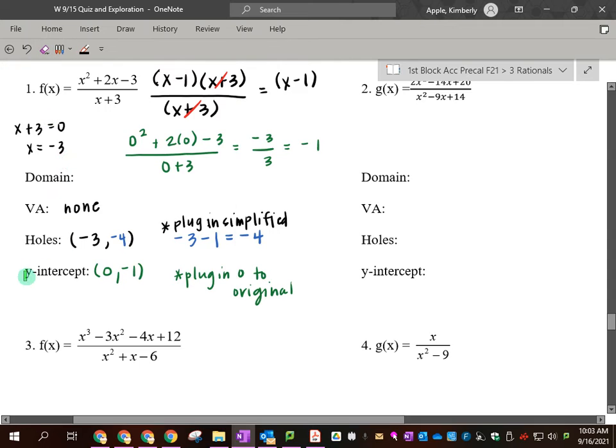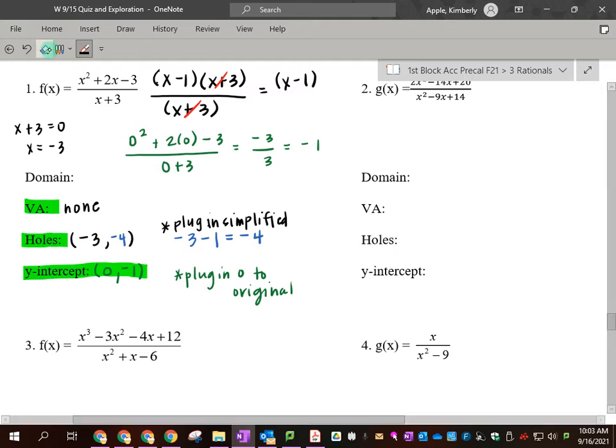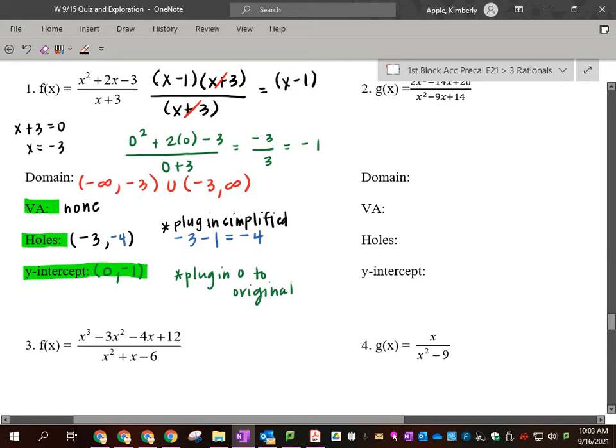All right, so let me just box these off here so you can see them. Okay, these are the things that are important. All right, now let's talk about the domain. You can figure out the domain without looking at the graph. Let me write it up here and then I'll explain what I did. So this would be -infinity all the way to -3, and then it'll start back up at -3 and go to positive infinity.